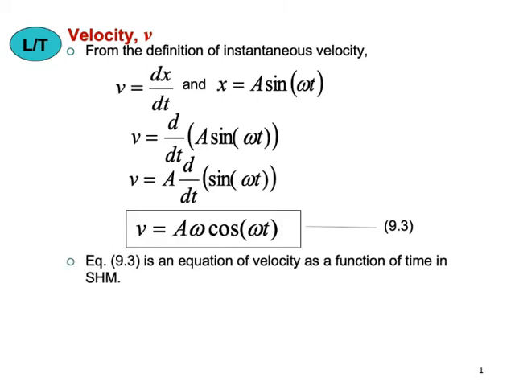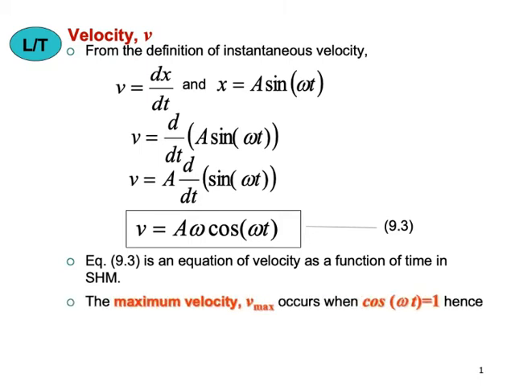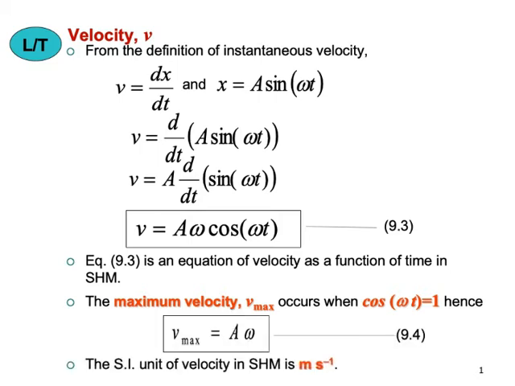The equation 9.3 is an equation of velocity as a function of time in simple harmonic motion. The maximum velocity, v max, occurs when cos omega t equals to 1. Hence, v max equals to A omega. The SI unit for velocity is meter per second.